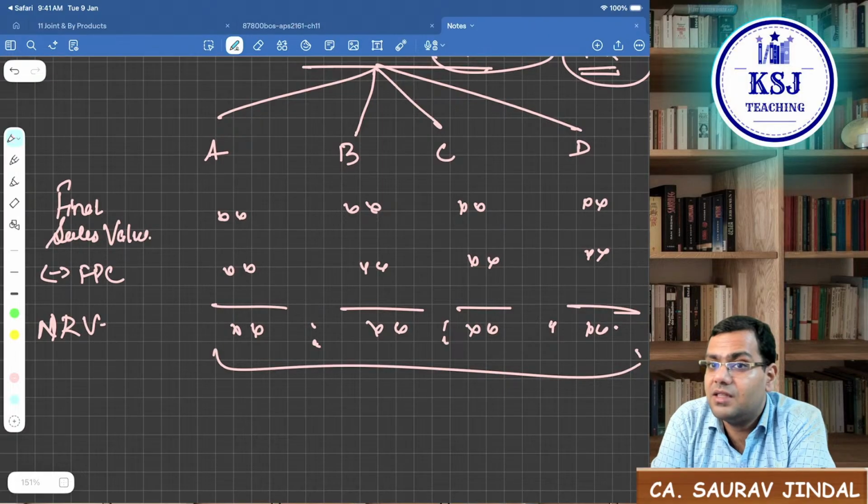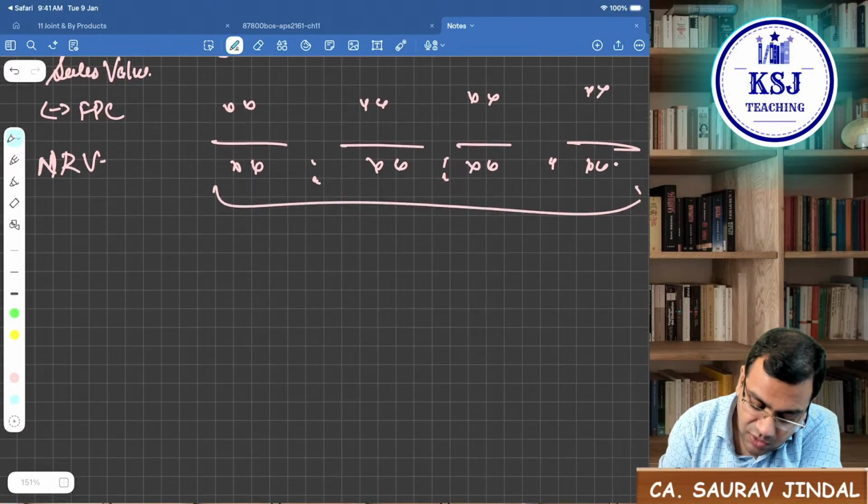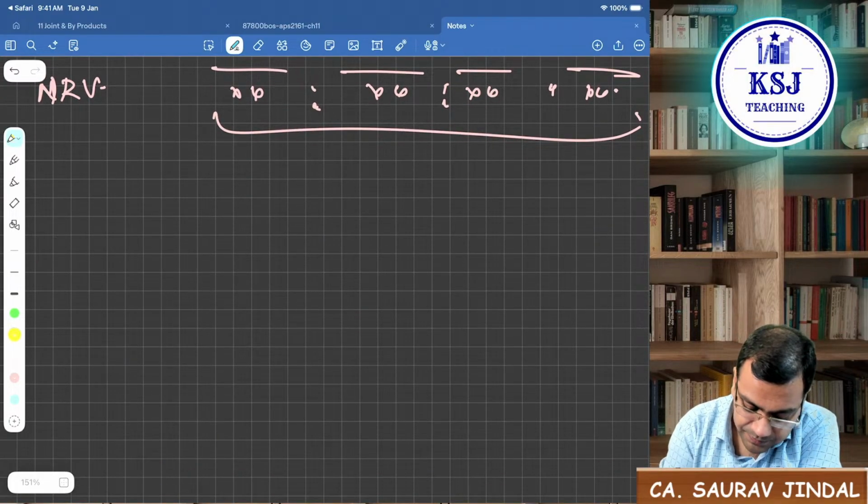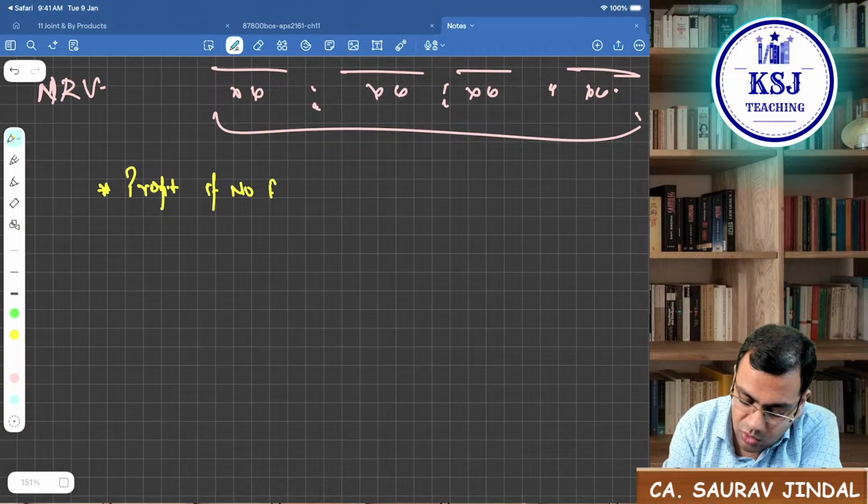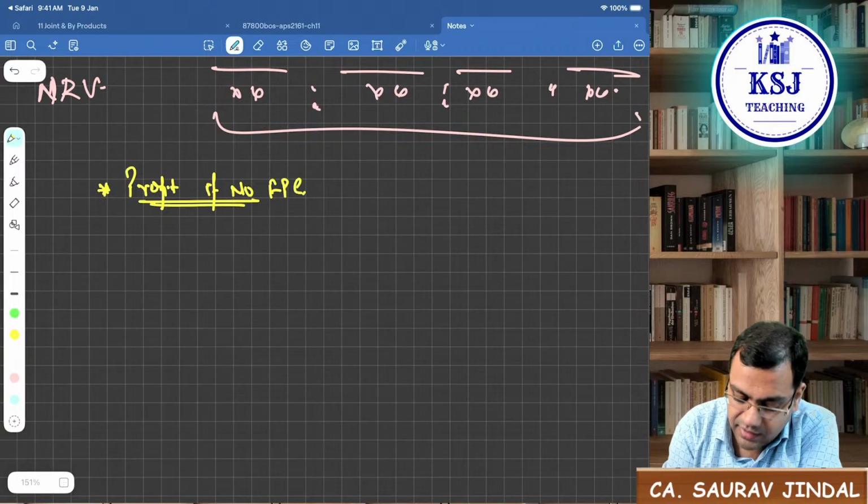Then what will they ask in the question? They will ask you to calculate the profit of the company if there is no further processing done. So how will you calculate the profits if no FPC is incurred?